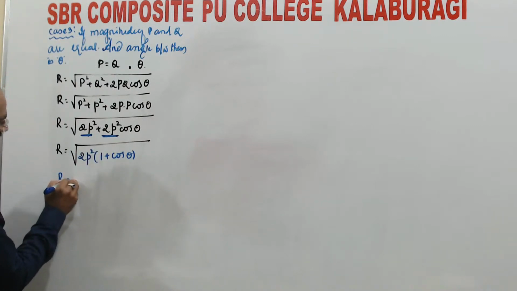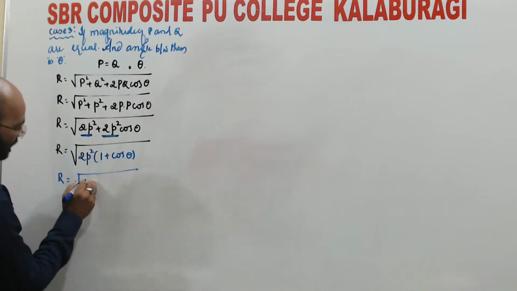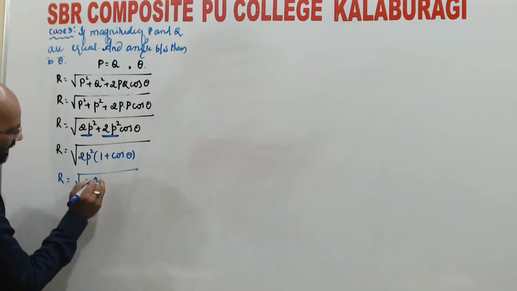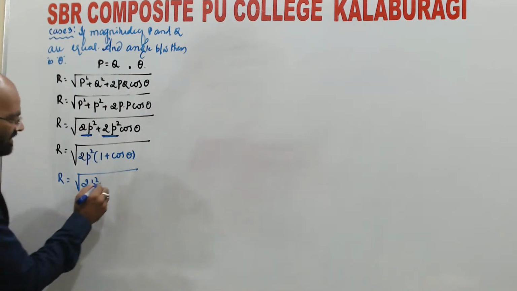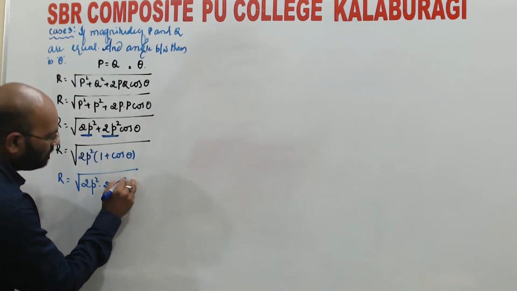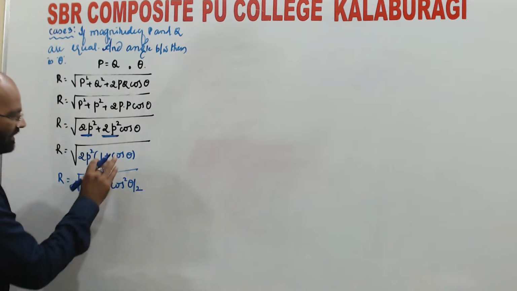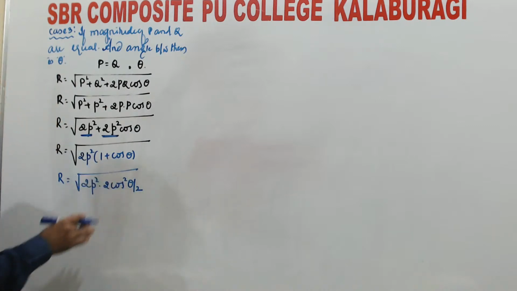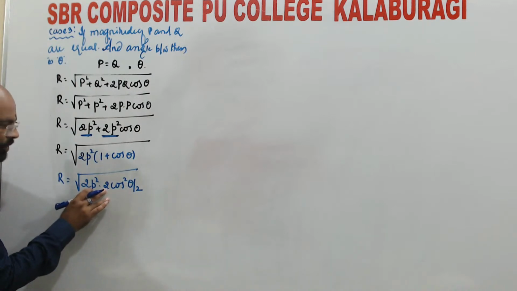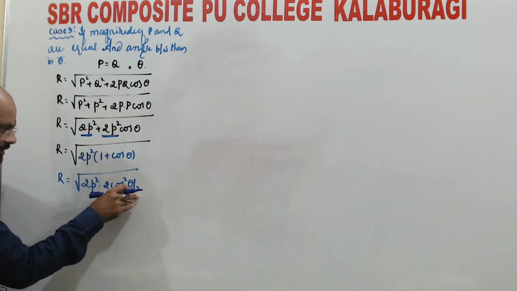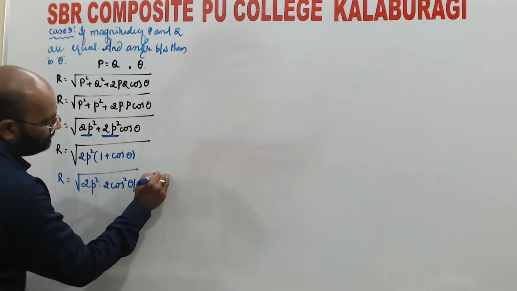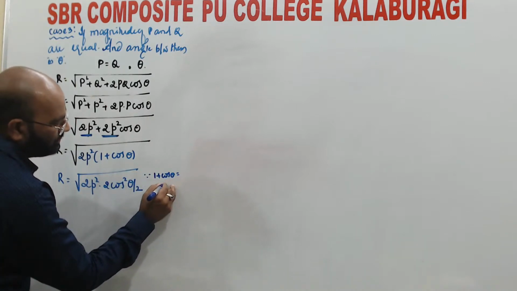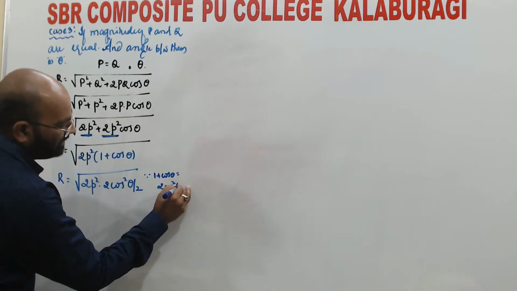Then resultant R is equal to the square root of 2P square into (1 plus cos theta), which gives you 2 cos square theta by 2. The value of 1 plus cos theta is equal to 2 cos square theta by 2, because 1 plus cos theta is equal to 2 cos square theta by 2.